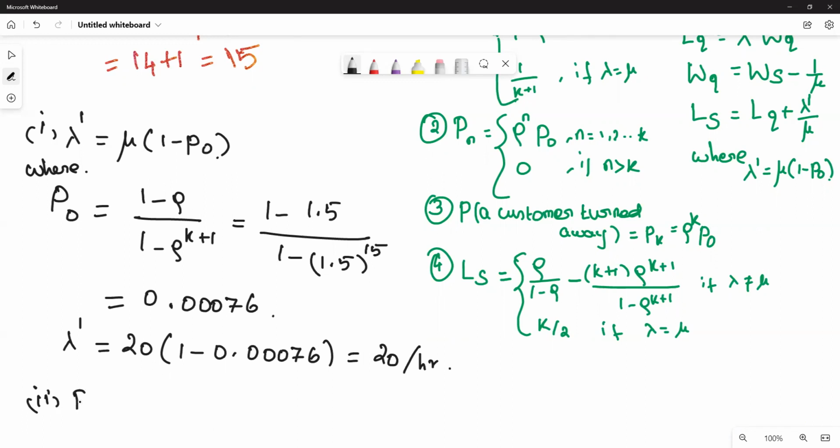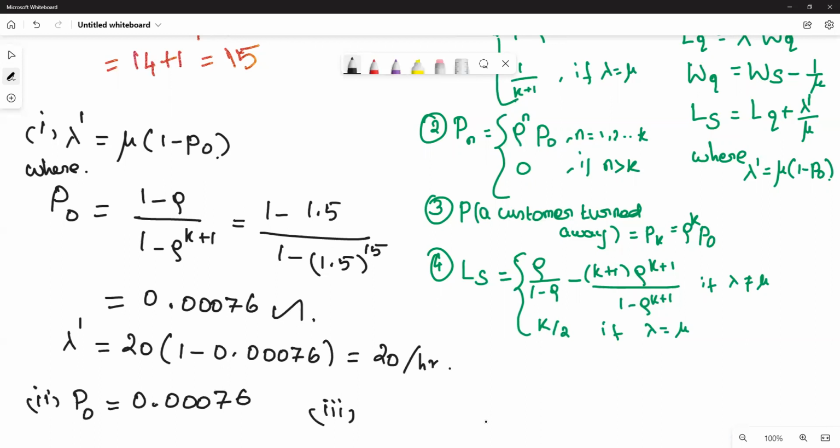That is, the system is idle, empty. There are no customers in the system. So the probability that an arriving customer need not wait is nothing but P naught. Already we have found it as 0.00076. So directly we write the value.